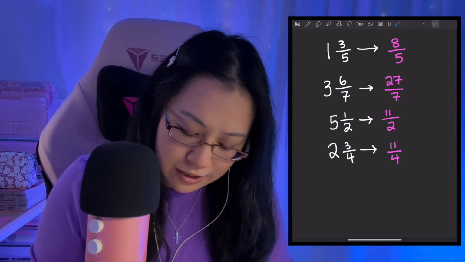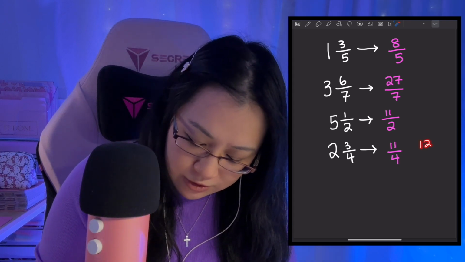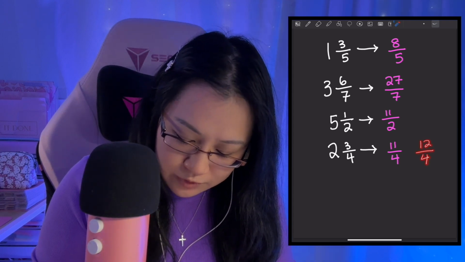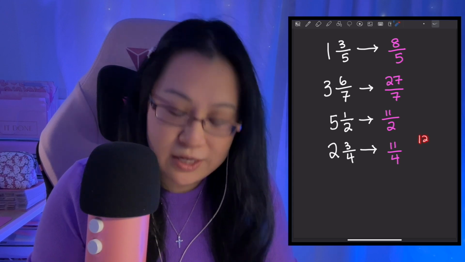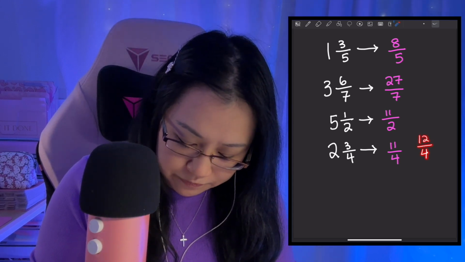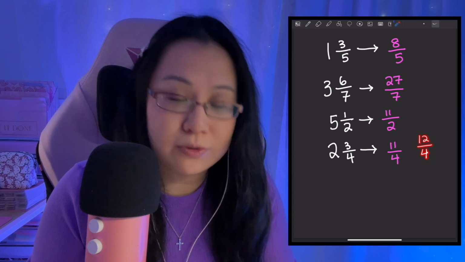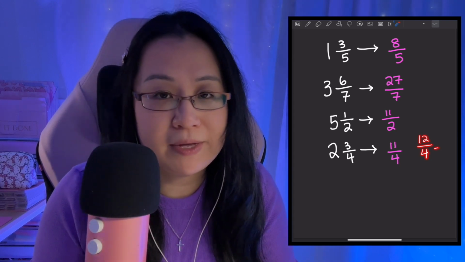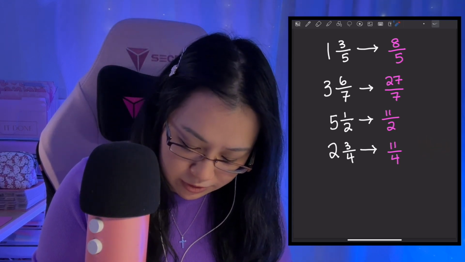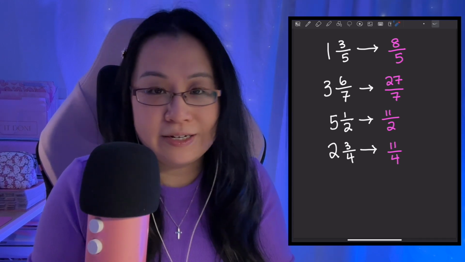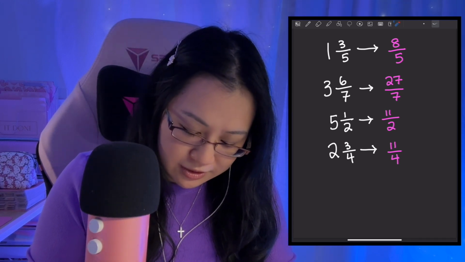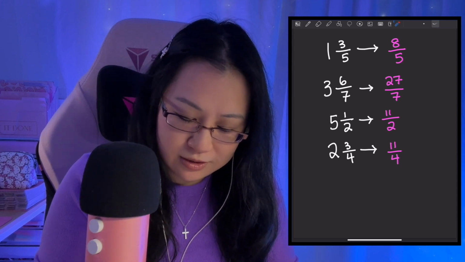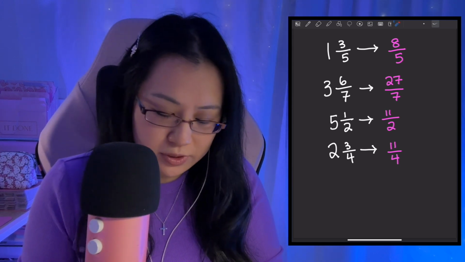Does that make sense? And so if we happen to have like 12 over 4, that will be exactly 3, right? 12 divided by 4 is 3 with no remainder, so that won't be a mixed number, it'll just be a whole number. So this is just 3. It doesn't necessarily have to be, but in this case they are all mixed numbers.